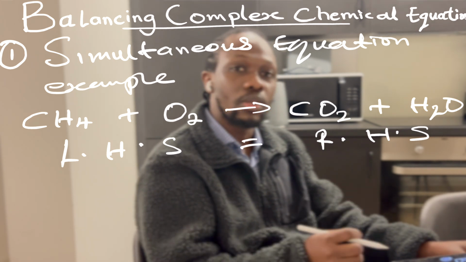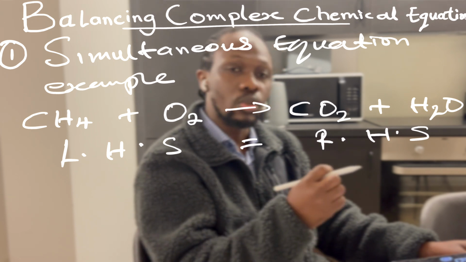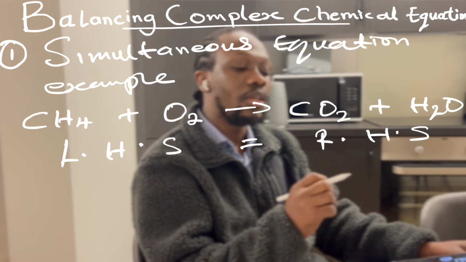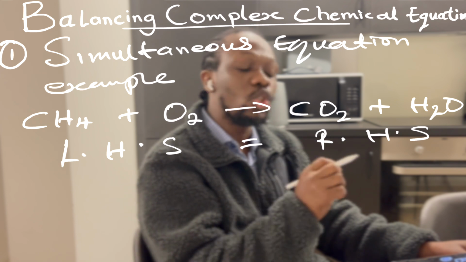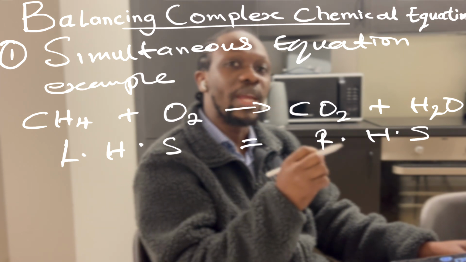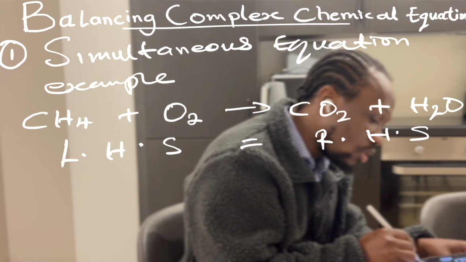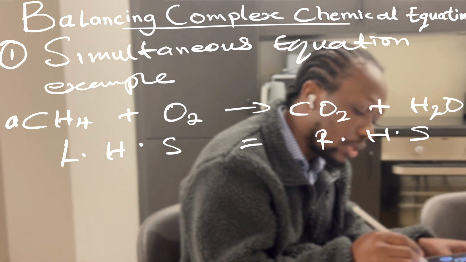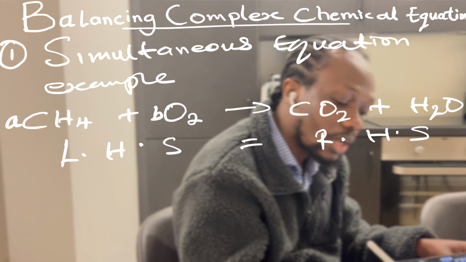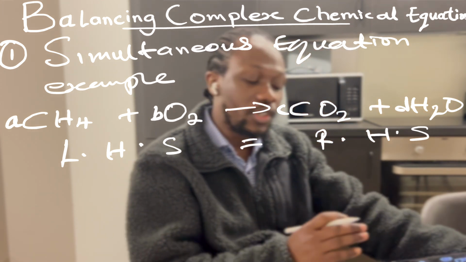Now, while using this method, the first thing that we usually do is to denote or represent the coefficients of each of the molecules, atoms, or elements present in the chemical equation by letters. So in this case, we're going to say let methane have a coefficient of A, oxygen B, carbon dioxide C, and water D. So we successfully denote the coefficients by letters.